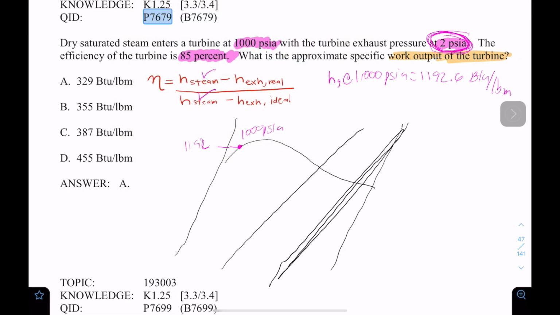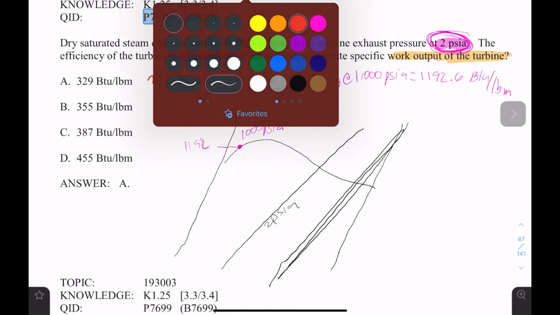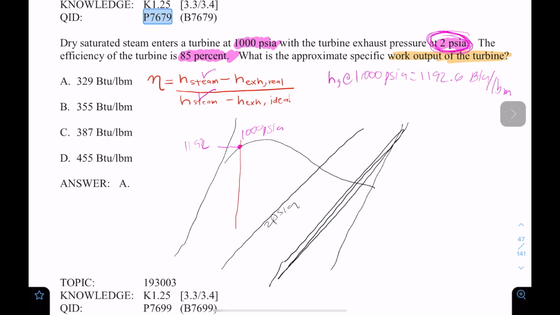Let's assume this is my 2 psia line. So I have to go all the way down on my Mollier diagram, and when I reach the 2, I need to go here and read that number, right?